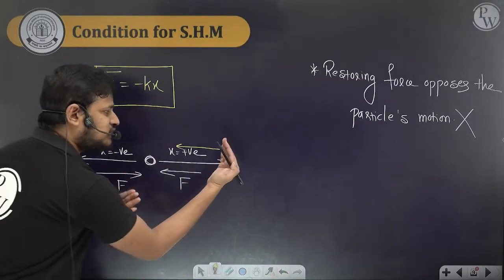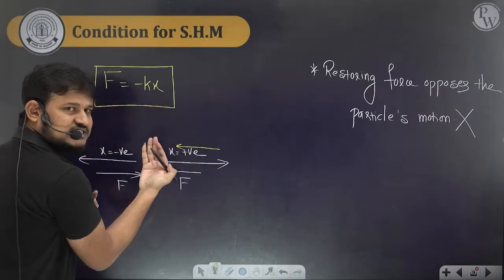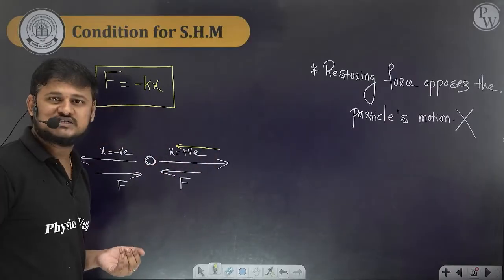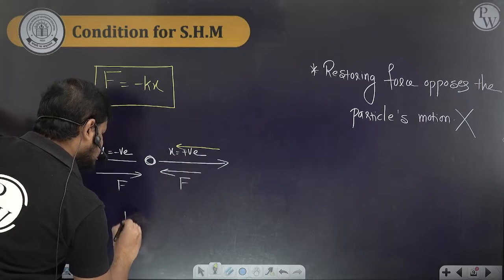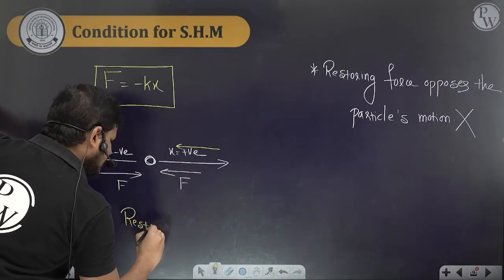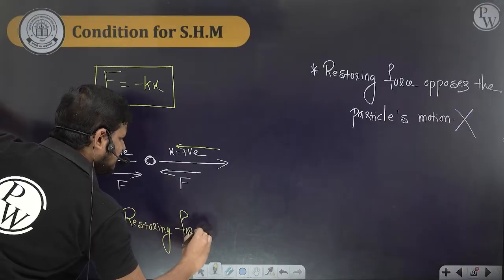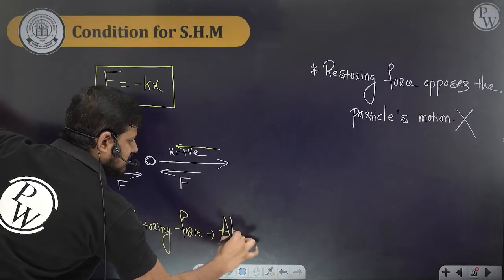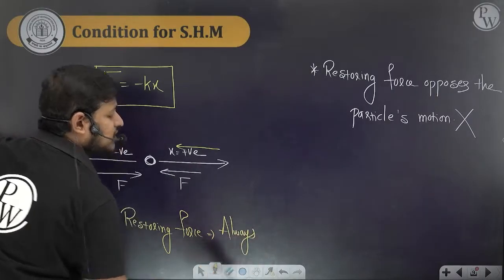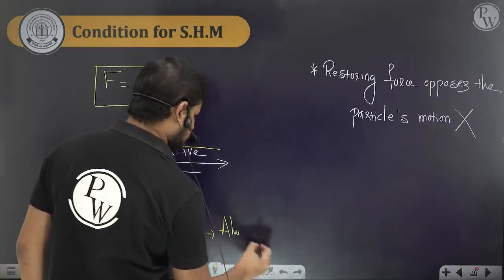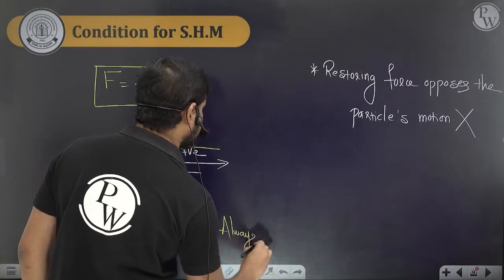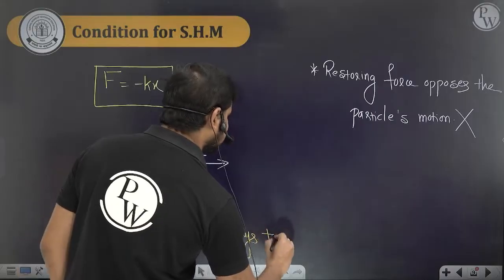Here the particle's motion from extreme to mean is this side, and the restoring force is also this side. So the only definition you can write: the restoring force F is always towards the mean. That's it. Don't say that it is opposite to the particle's motion. It supports the particle's motion also. Always towards the mean.